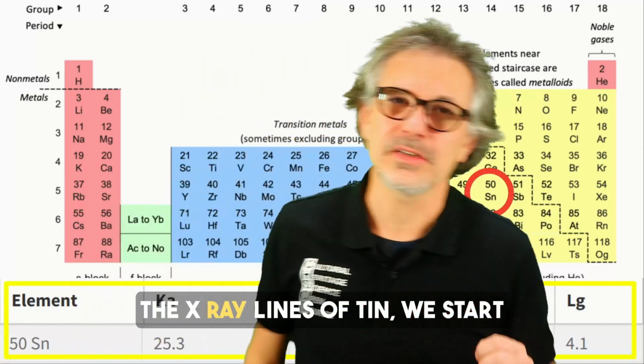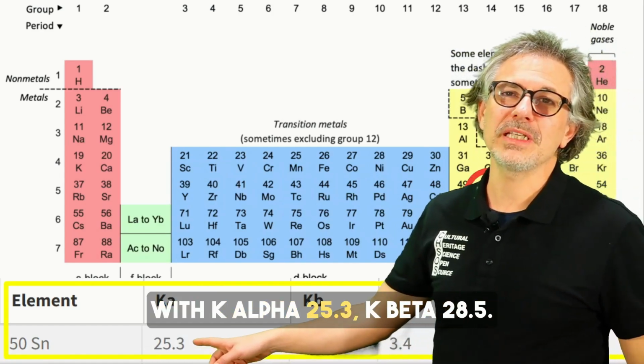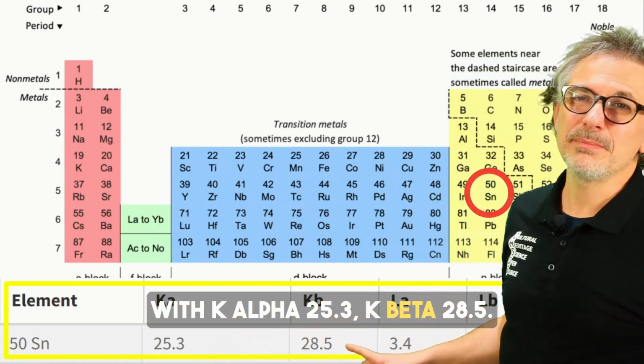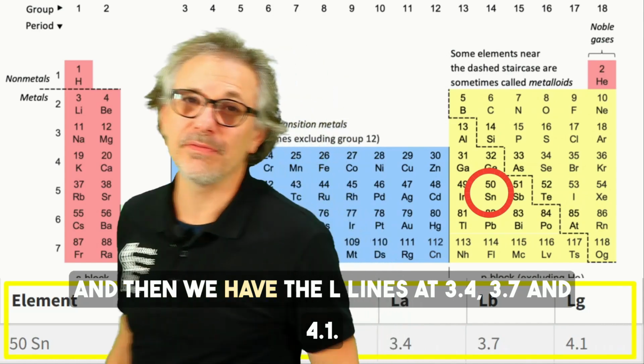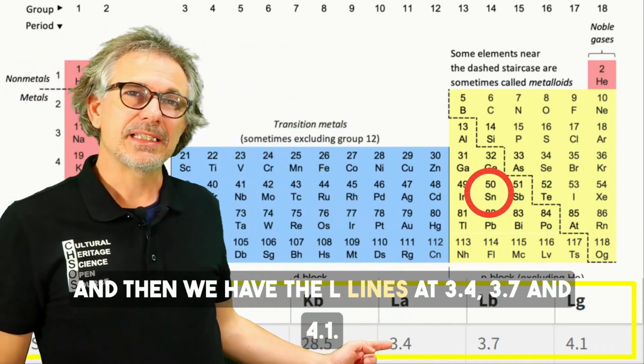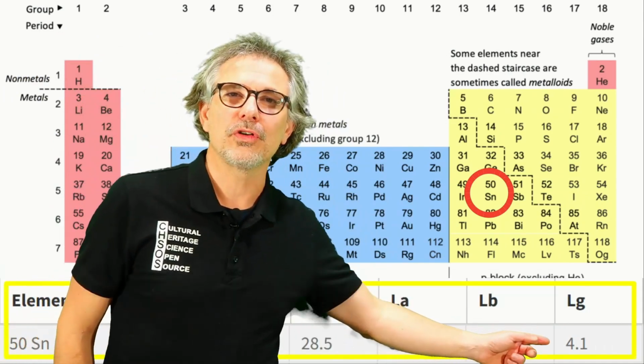Tin, 50. The X-ray lines of tin: we start with K alpha 25.3, K beta 28.5, and then we have the L lines at 3.4, 3.7 and 4.1.